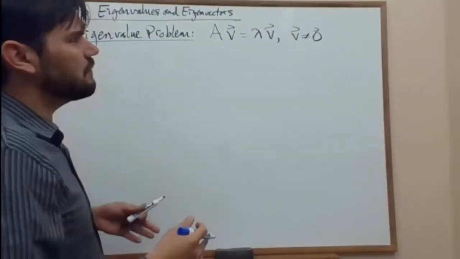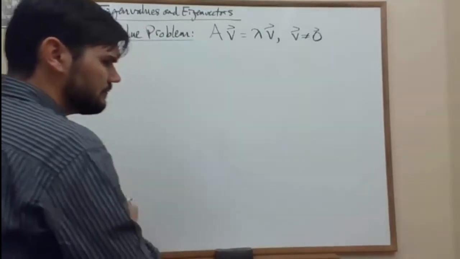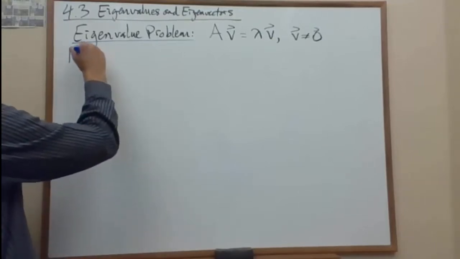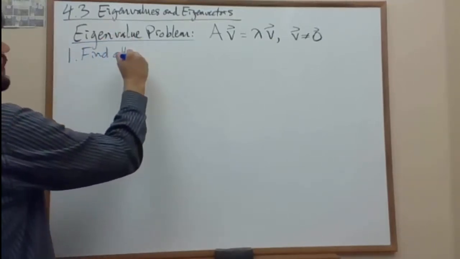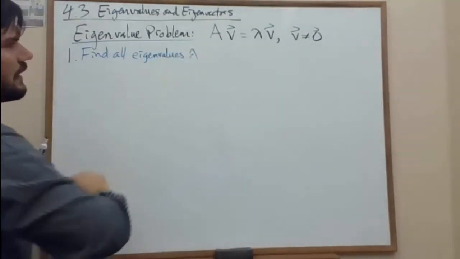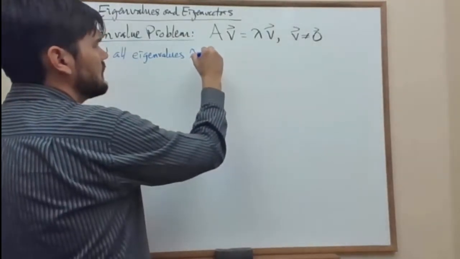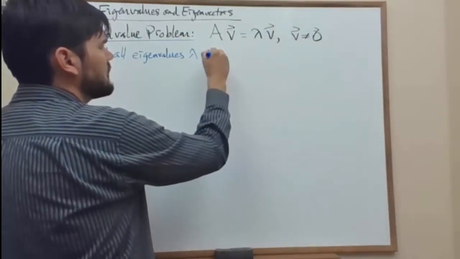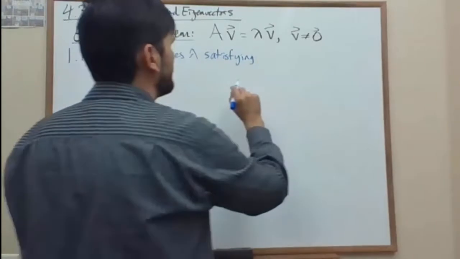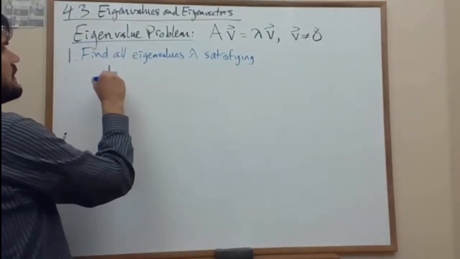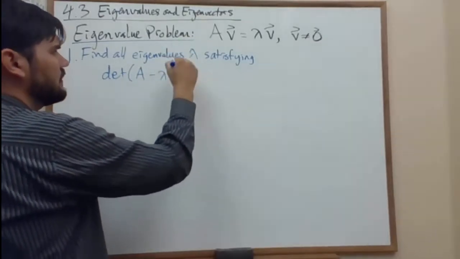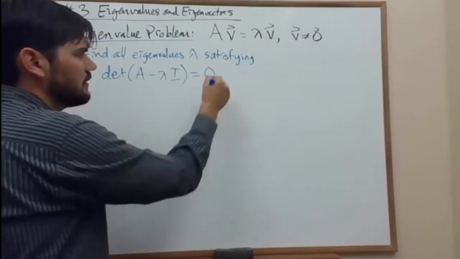So we solve the eigenvalue problem in 2 steps. First step, we find all eigenvalues, lambda, satisfying the determinant of A minus lambda I set equal to 0.